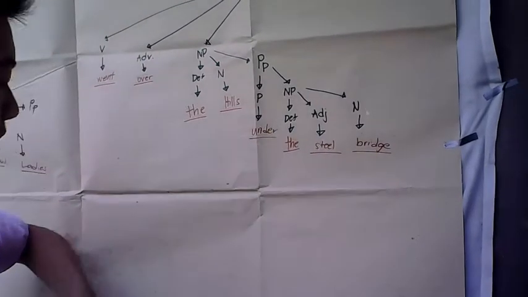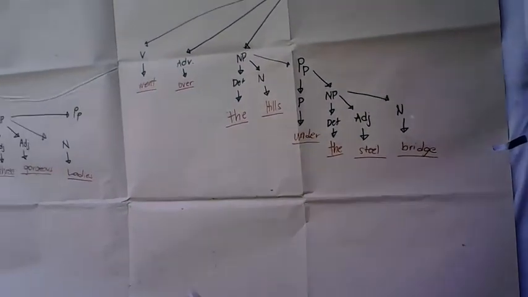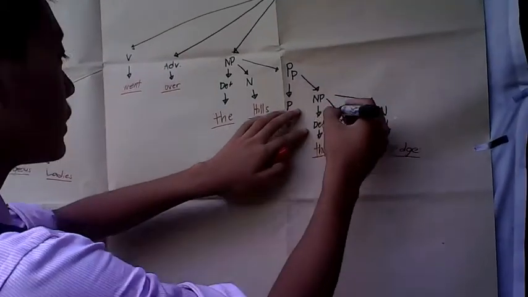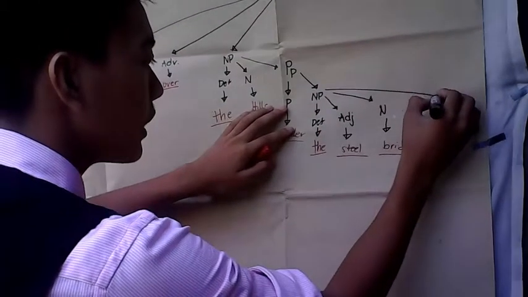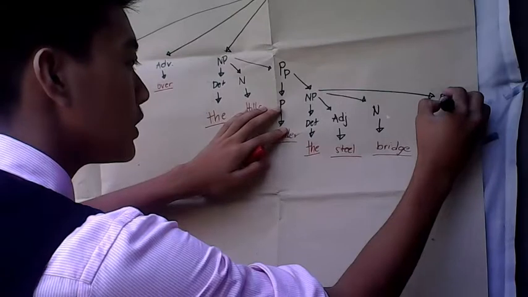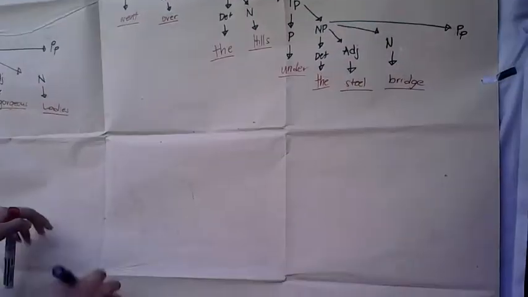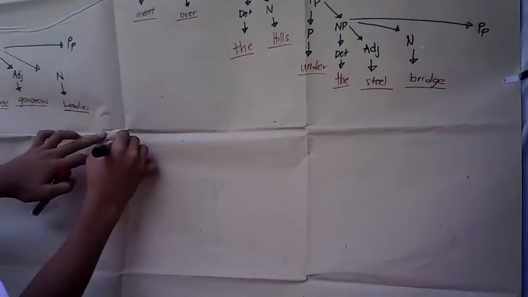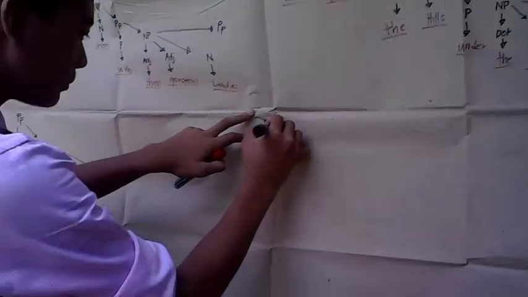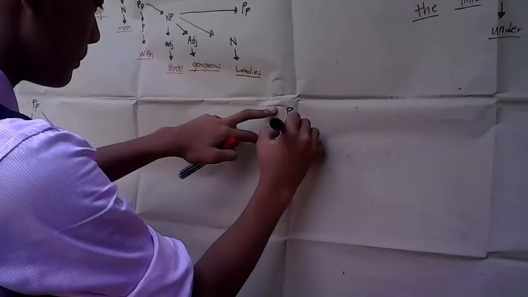The next word is across. Across is a preposition, so we will create a new phrase, prepositional phrase. Again, lack of space. Write it here. Prepositional phrase. PP.